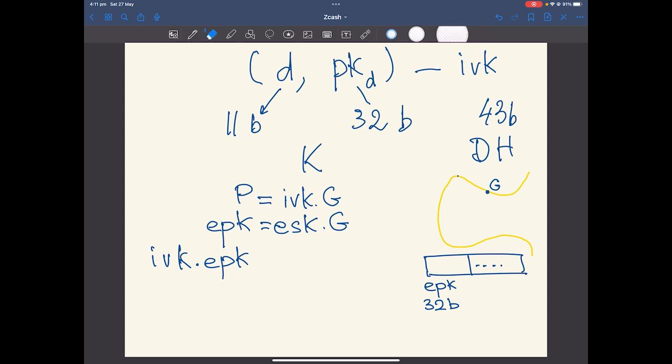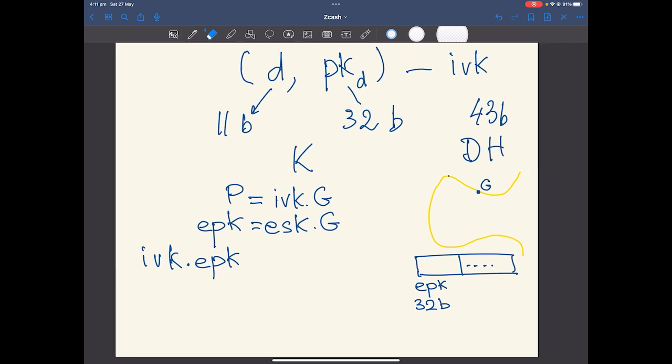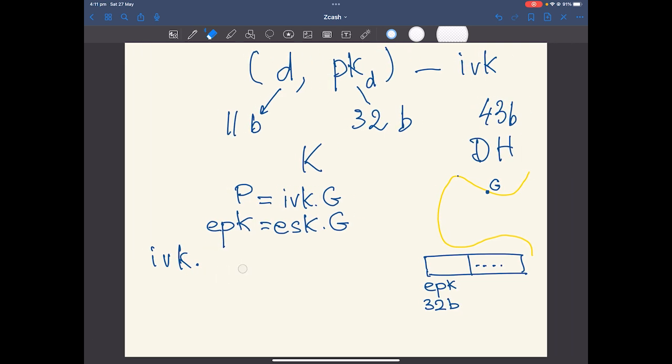I'm going to make this capital T, with E for ephemeral. So I multiply IVK by my EPK. If I expand this, I can expand it as IVK times ESK times G. It's just the definition of EPK.